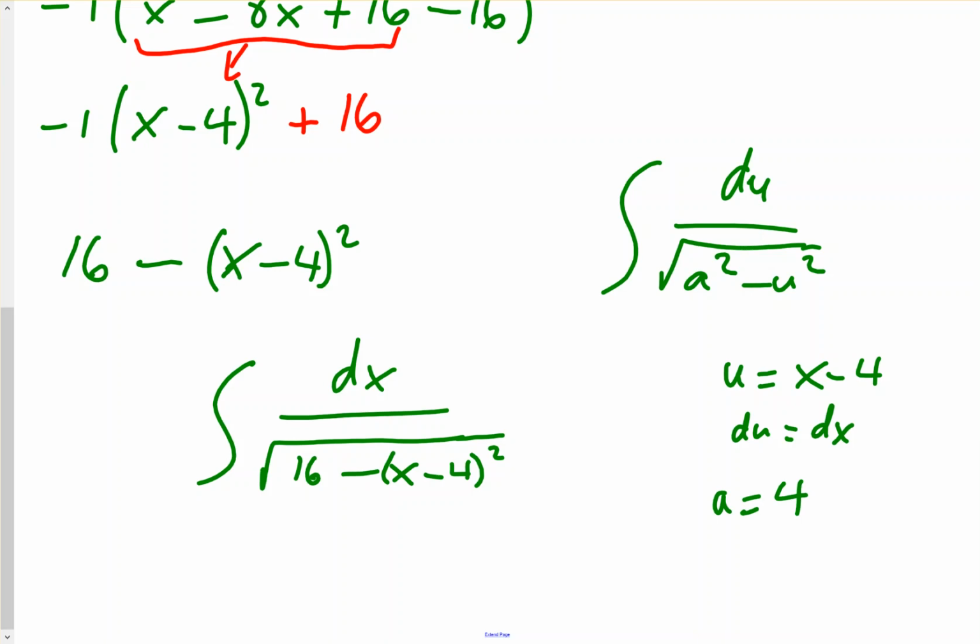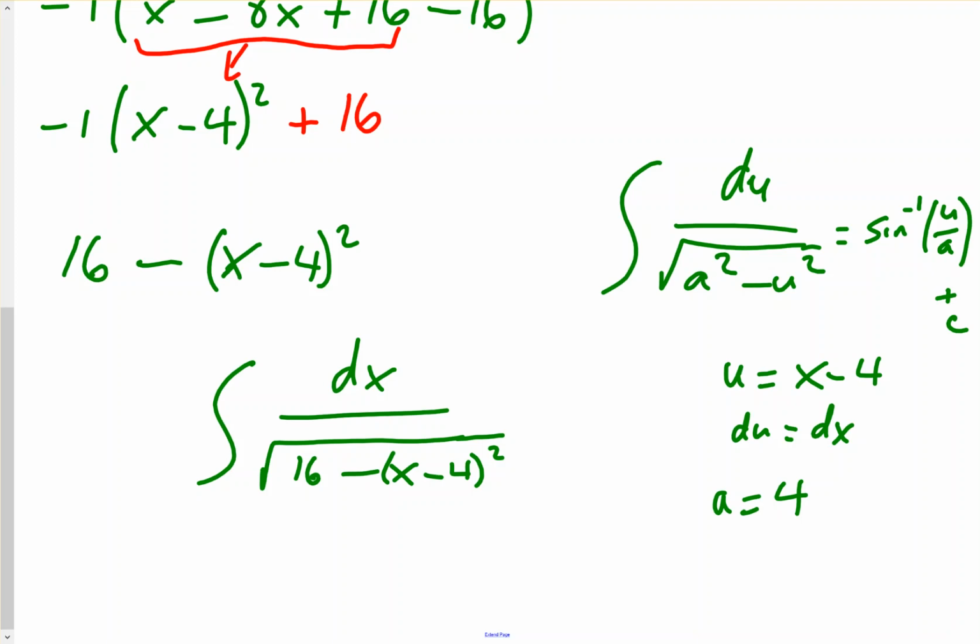Okay, so this will be the arc sine of u over a plus the constant.